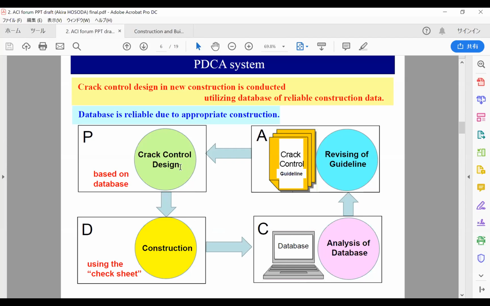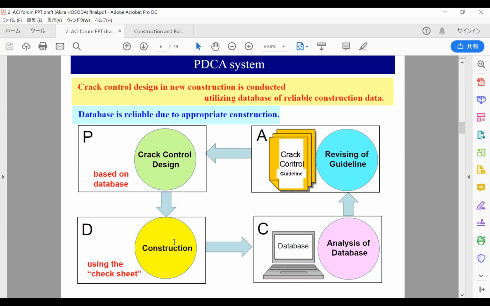They can easily find that in the past, similar structures had very large cracks, for example 0.3 millimeter. If they find such information, what can you do? You can add reinforcing bar, for example. They can do proper crack control design based on investigating the database.